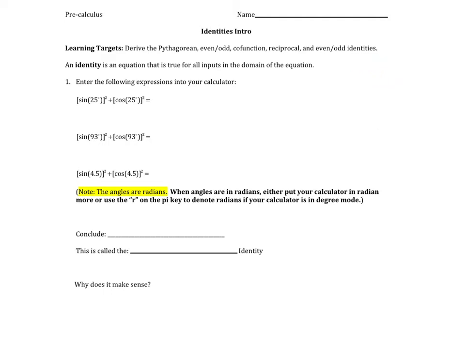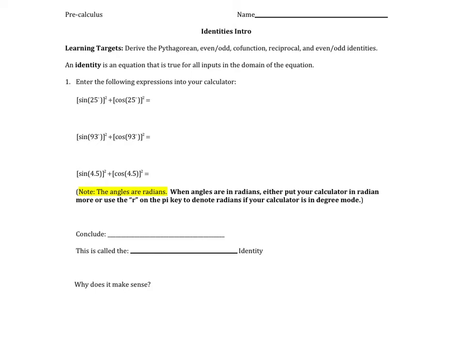So what we're going to be talking about now is identities, things that are true for all values that you can input into them. In this case, we're going to be talking about trig identities. So what I'd like to do now is pause the video and go ahead and enter the following expressions into your calculator and see what you get.